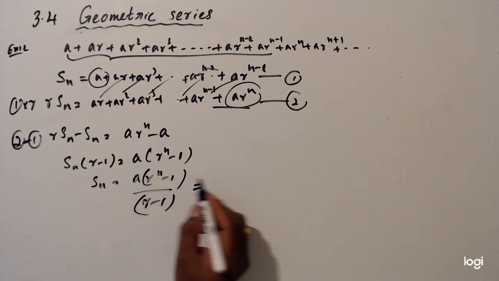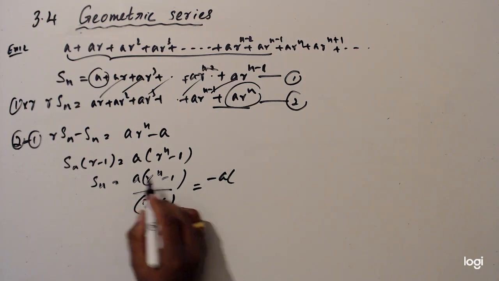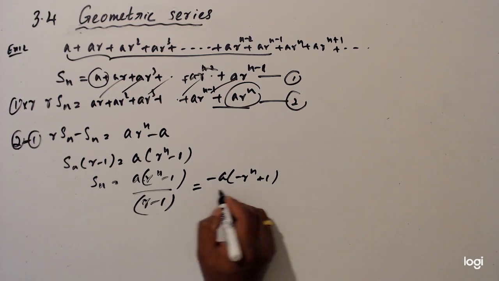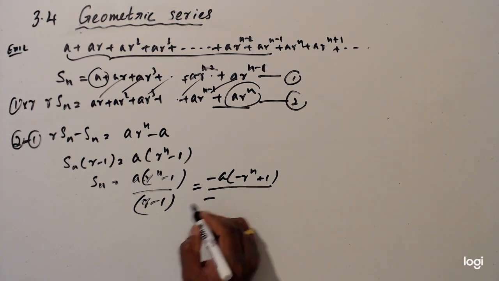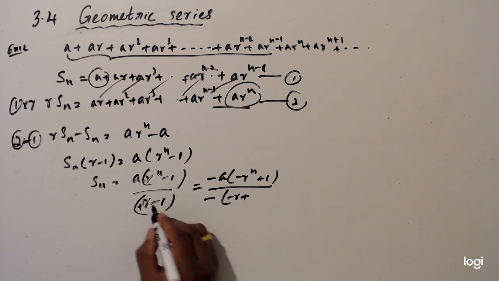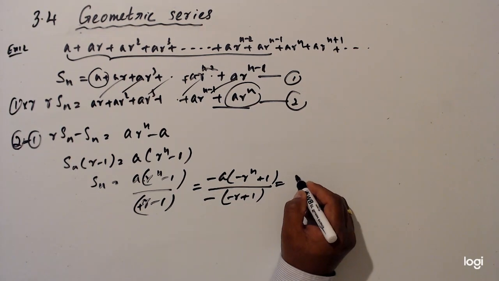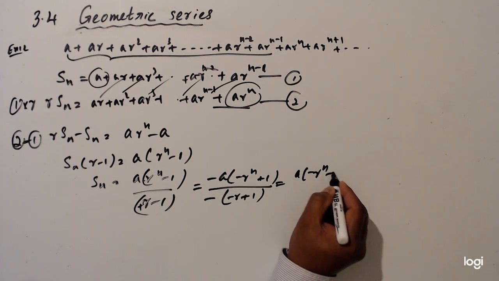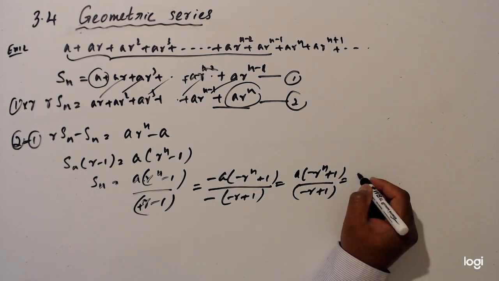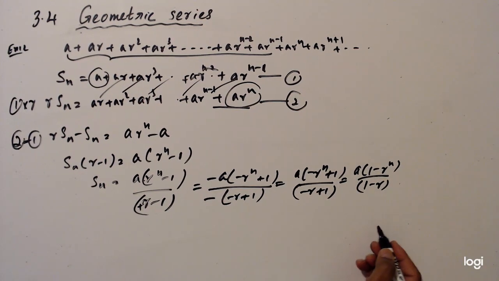We can take minus 1 out from the numerator and denominator. So plus R^n becomes negative R^n, minus 1 becomes plus, and when I take negative out from the denominator, this plus R becomes negative and negative becomes plus. So negative cancels out. A(minus R^n plus 1) over (minus R plus 1). So that is A times (1 minus R^n) over (1 minus R).